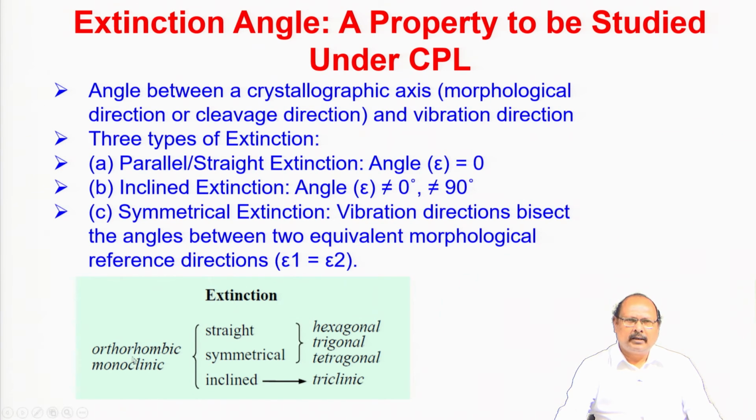In orthorhombic we see straight extinction, in monoclinic we see inclined extinction, but in certain optic orientation of monoclinic crystal I will show you that it also shows straight extinction. And triclinic minerals will always show inclined extinction.